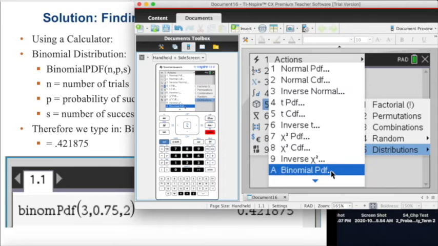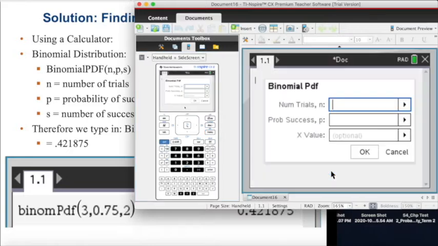PDF means probability density function. So you use binomial PDF when the question is asking for a specific X number of successes. Yeah, so we click that.